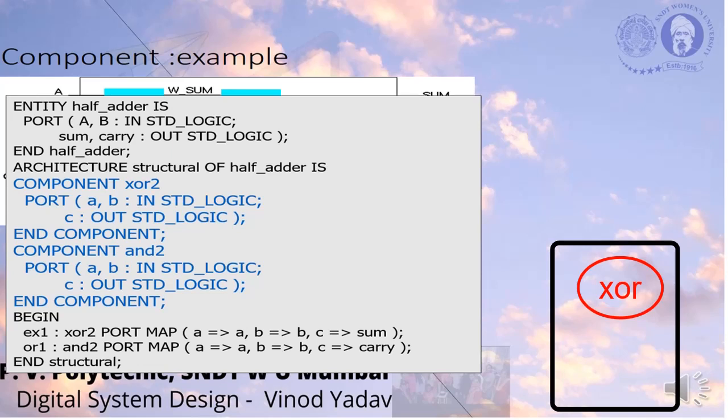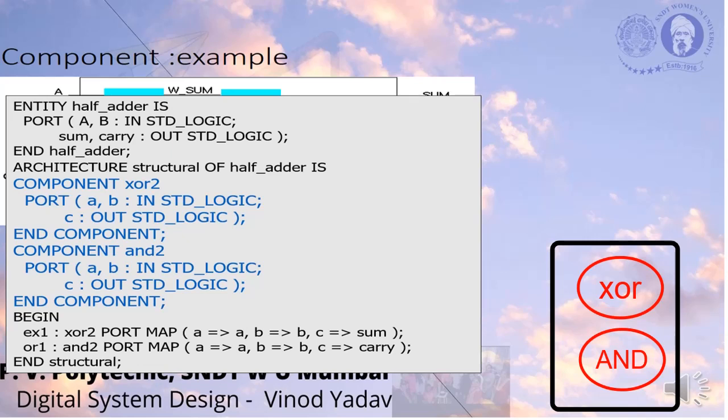Then we are defining another component AND2, port A, B in standard logic, C out standard logic, end component. So we have defined two components here. So what we are doing is in the half adder we are defining two more components, an AND gate and an XOR gate, and we are using them to make a half adder. So see the hierarchy.